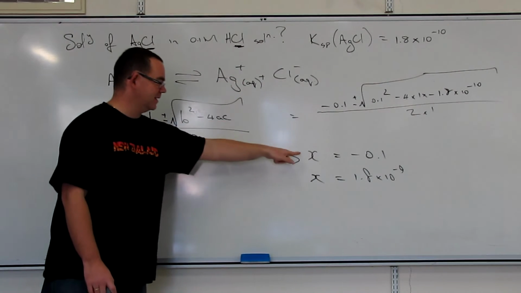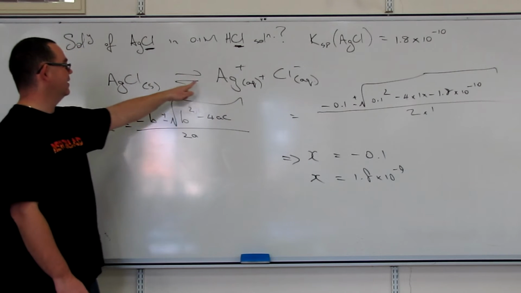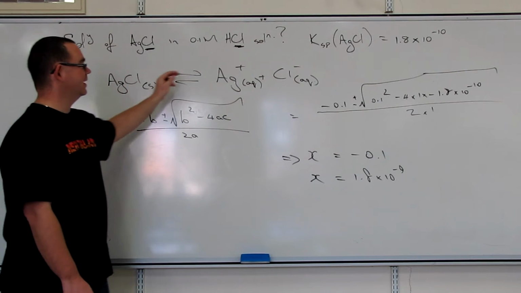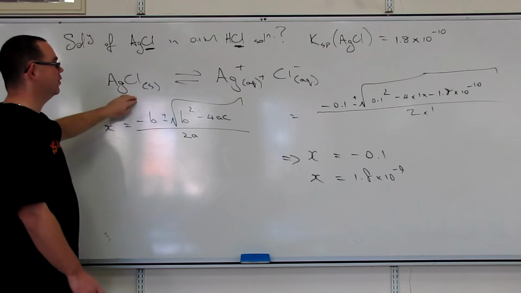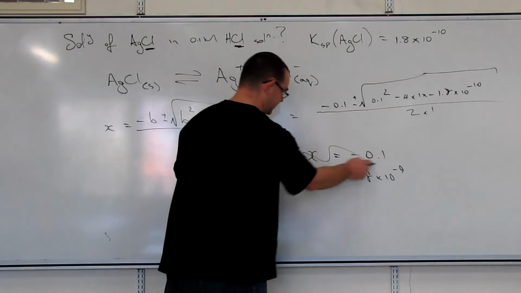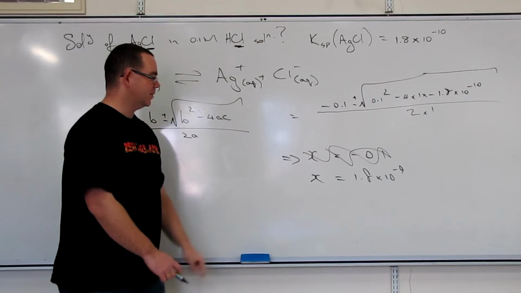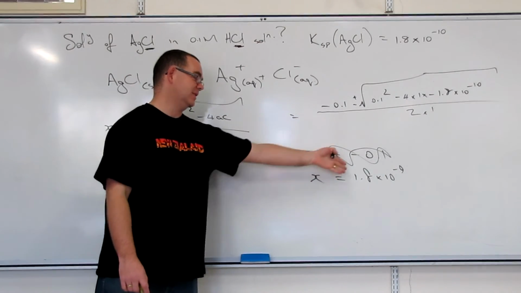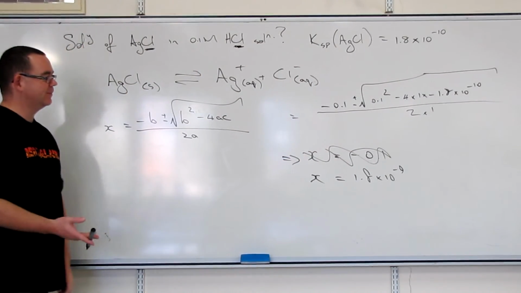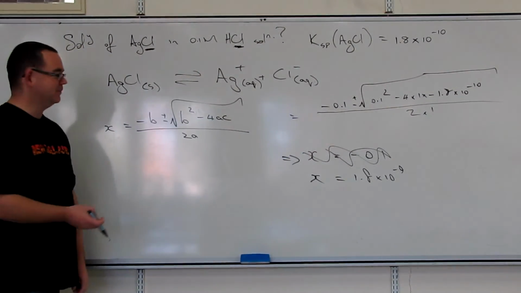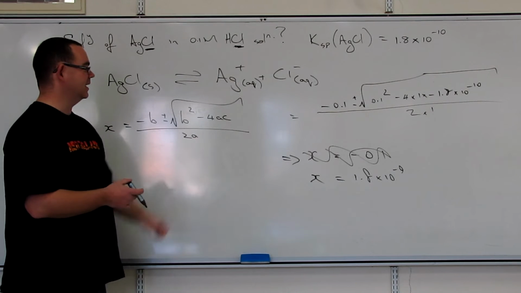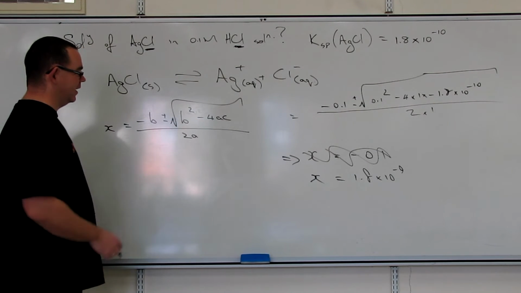If this were the right answer, we would be going the other way, dissolving less than 0, so we must actually be forming. So that one is just a silly answer. We can't use that, so it must be this one. X equals, admittedly, a very small number, so not much is dissolving, but some of it actually is. So now we have the value for x.